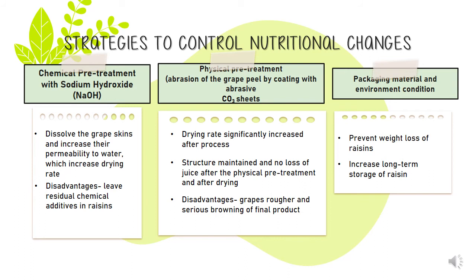Okay, the first one is chemical pretreatment with sodium hydroxide. This treatment is used to dissolve the waxy skin by increasing the permeability to water. So here it means that more water can be removed from the fruit.